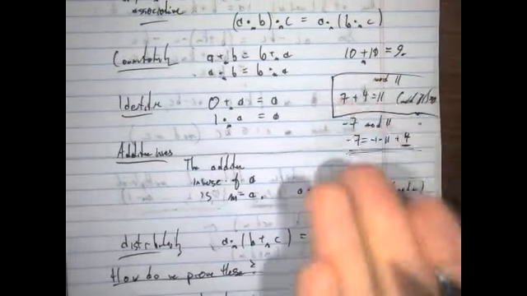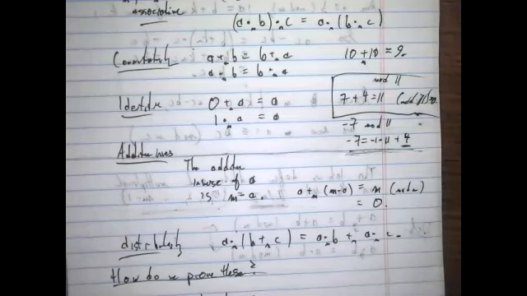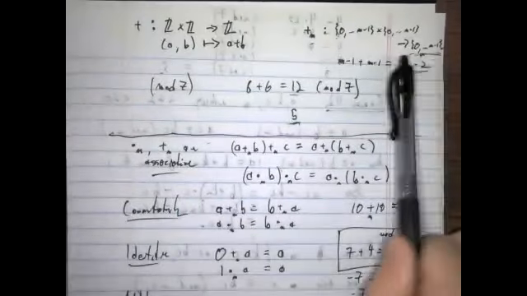This is addition modulo m. So obviously not the same addition as the integers, but it comes from addition in the integers. Then you have to remember that you're always taking mod so that you always land back inside the set where you want to be.